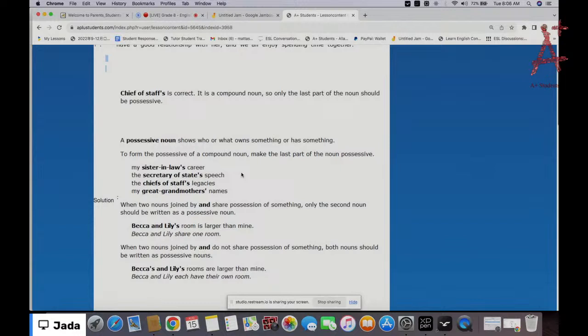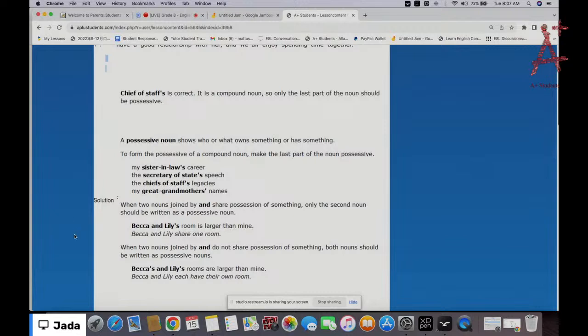It's just one possession, like the Secretary of State's speech. But when two nouns joined by and share possession of something, only the second noun should be written as the possessive noun.